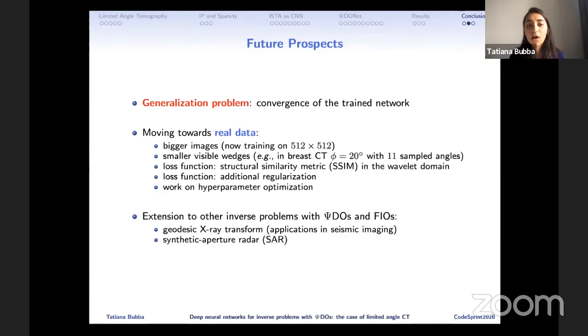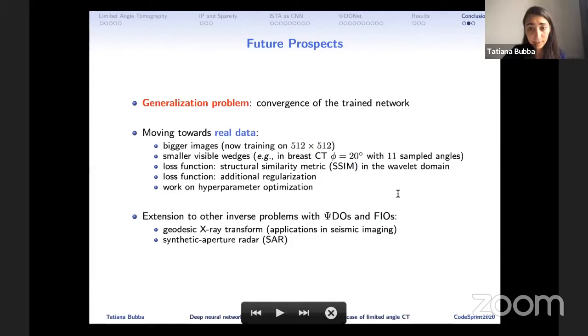And we're working on the hyperparameter optimization and on the loss function. So we could consider additional regularization, but we're also considering different loss functions, for instance, with a structural similarity metric, but in the wavelet domain. On the theory side, we are still missing the convergence of the training network. So we're working on the generalization problem.